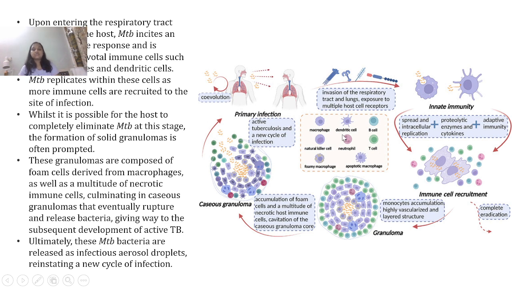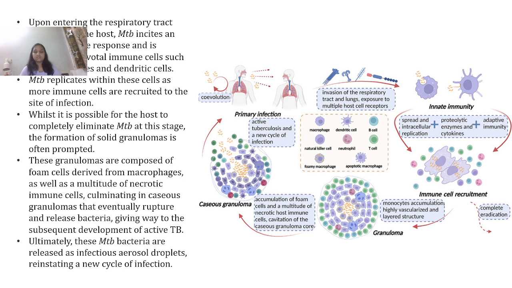So there can be two stages of TB. One is active TB and one is latent TB. Latent TB means the bacteria is not doing anything. The bacteria is inside your body and it is like they are sleeping, inside the granuloma they are well and fine.